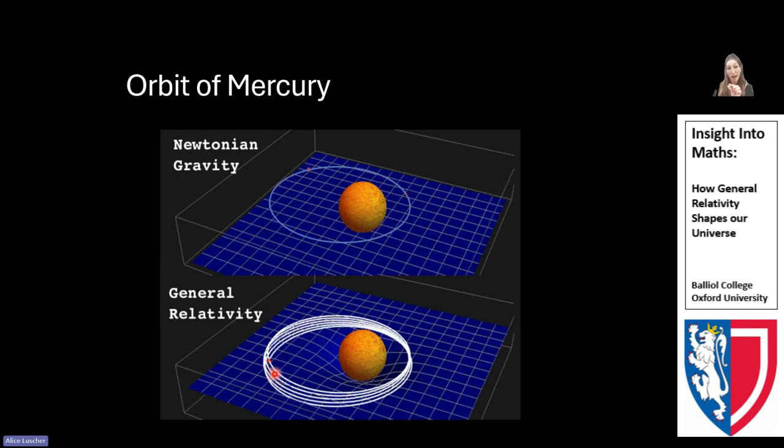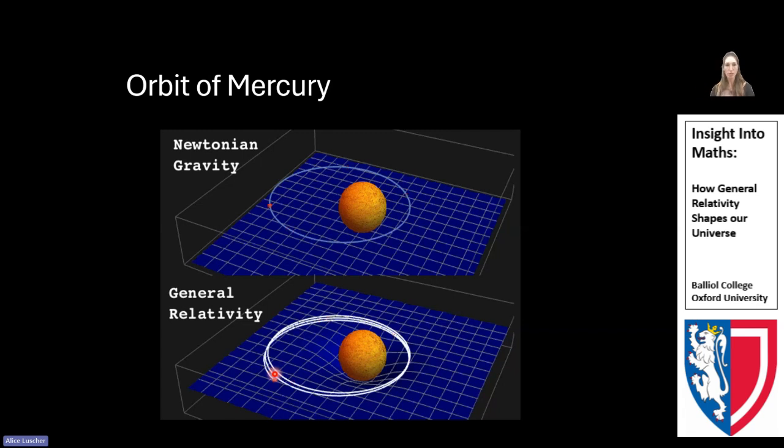It is a tiny, tiny effect, but it matches exactly the shift that had been observed and people had been trying to explain. So that was a perfect prediction of general relativity, completely confirming and explaining the observations. That was the first historical proof. People were really happy about it, but Einstein's theory is still quite difficult, so we need more proofs to get everyone on board.